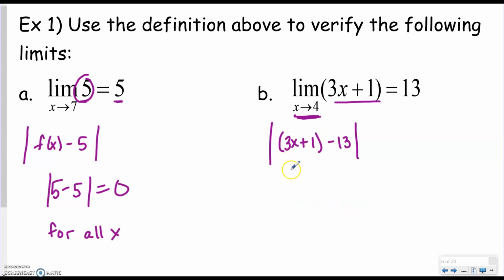So simplify this, 3x, combine those, I get minus 12. And I can actually factor, because I'm going to factor out a positive number here. So if I divide everything by 3, I have the absolute value of x minus 4.